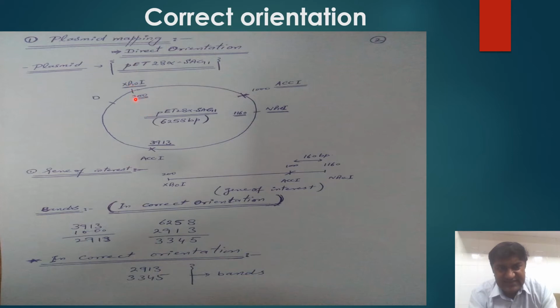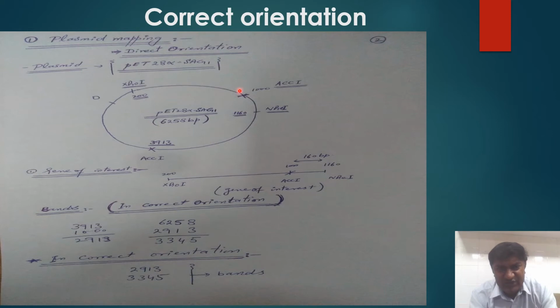The gene of interest is located from XhoI first, and that is NheI 1160. So this is the gene of interest. You need to find the cutting site of the enzyme on the gene of interest, this one.